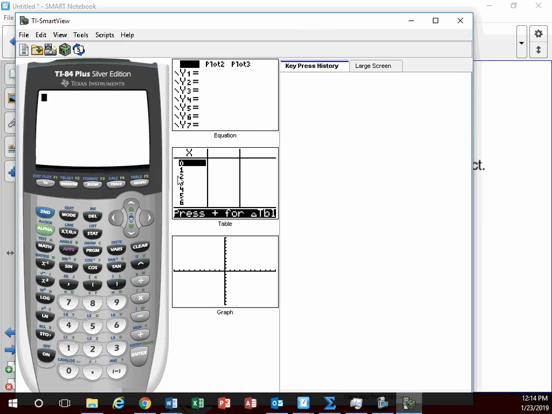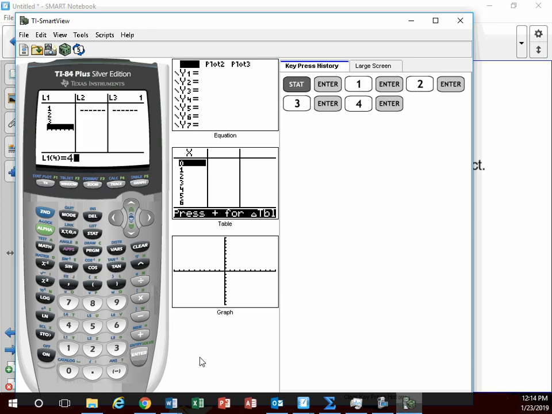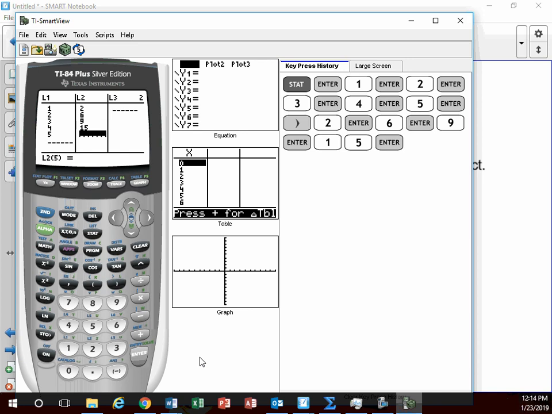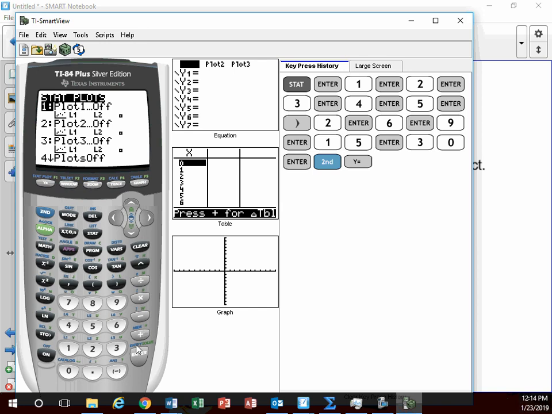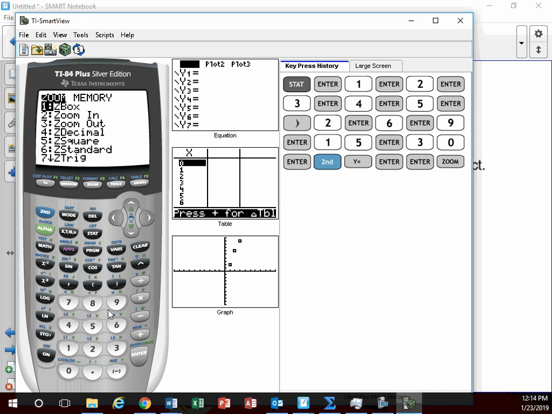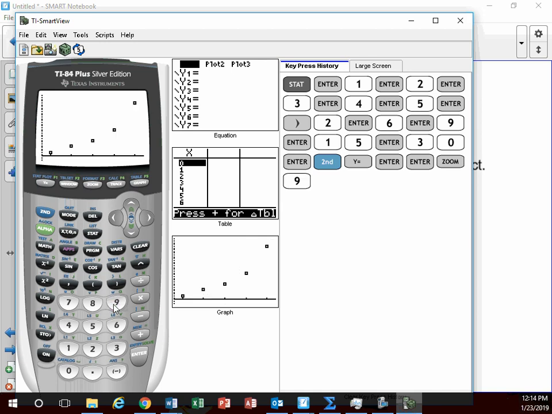You guys don't have to go through this, but let's just say I have some values. Okay, so I've got my points. You could certainly look at your scatter plot. It's not really going to matter with what we're doing. Okay. Not looking super linear, right?